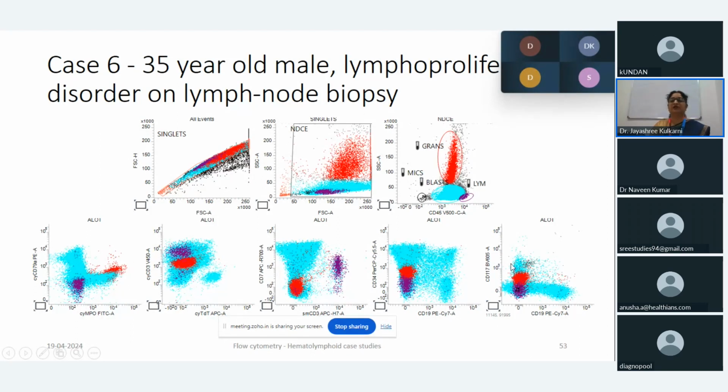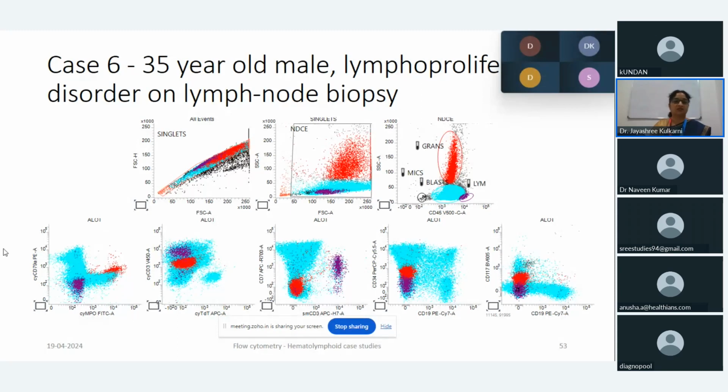So this is our typical A-lot tube, the acute leukemia orientation tube. So at this stage itself, you come to an impression of what lineage you are looking at.